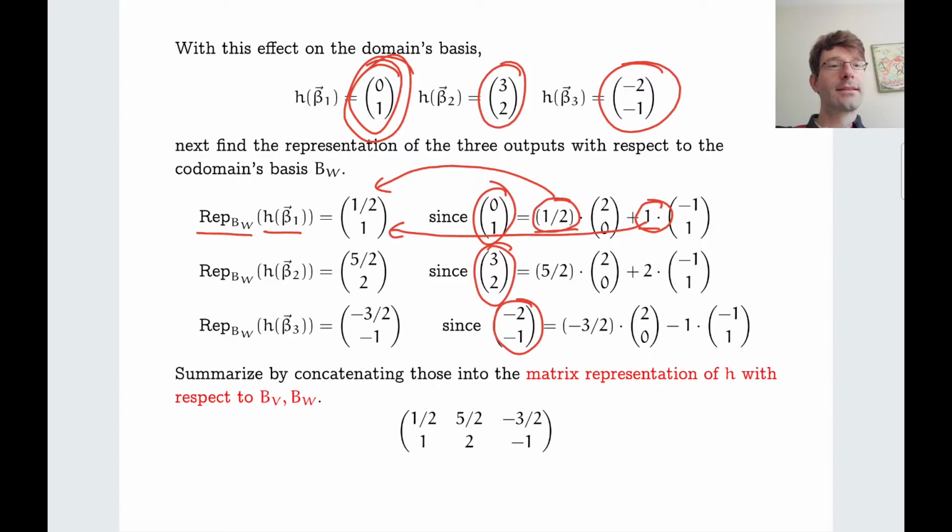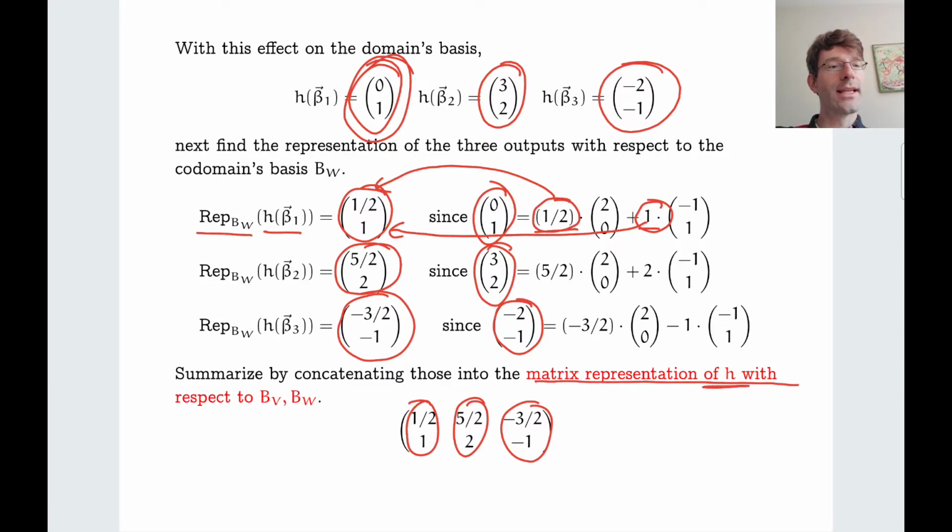Now we get 3 column vectors, 3 times 2 numbers. And we put these 3 column vectors in a matrix as column vectors. So you see they appear as columns of this matrix. And this matrix is what we are going to call the matrix representation of h with respect to the given bases.